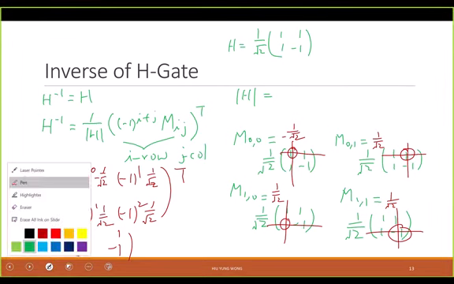So I should put this as 1 over square root 2, 1 over square root 2, because this is the matrix. Correct? So this becomes 1 over square root 2 times 1 over square root 2, minus 1 over square root 2 times 1 over square root 2, right? I was missing the 1 over square root 2. So this gives me what?